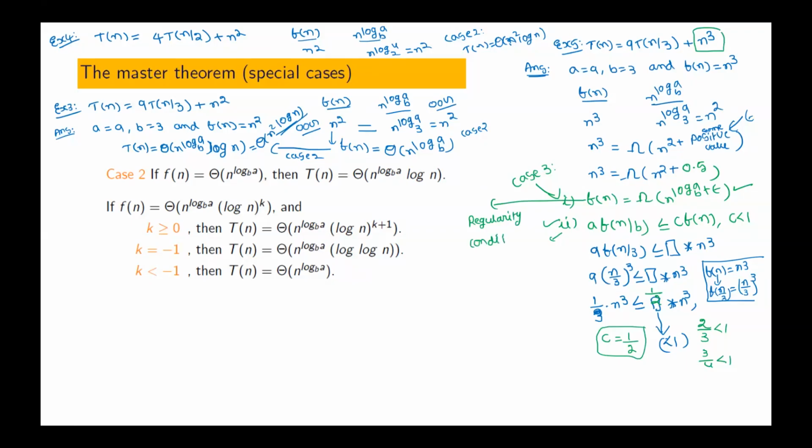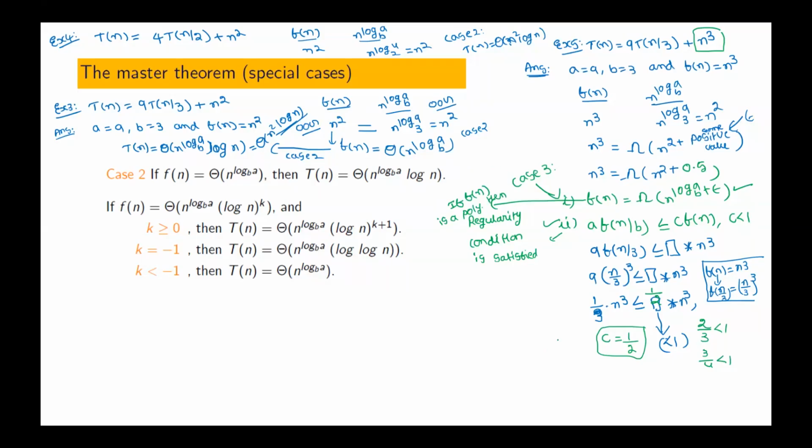It has been proved that if f of n is a polynomial, the regularity condition is satisfied. Hereafter we need not check it if it is a polynomial. Is that clear?